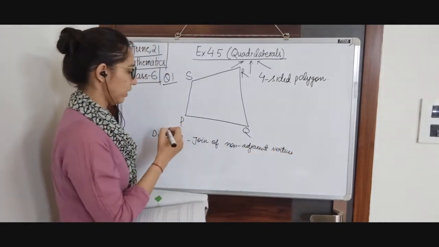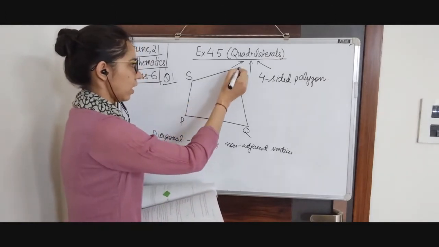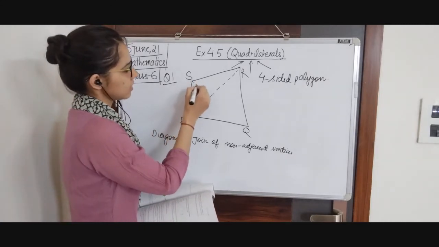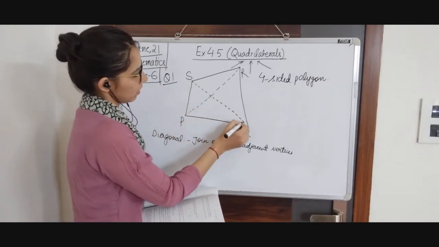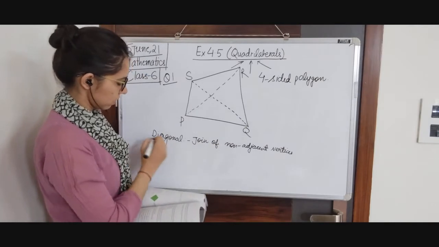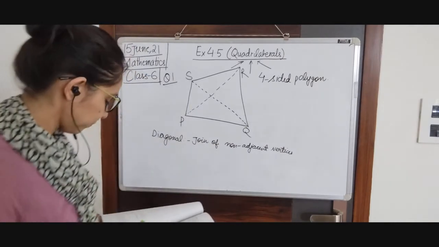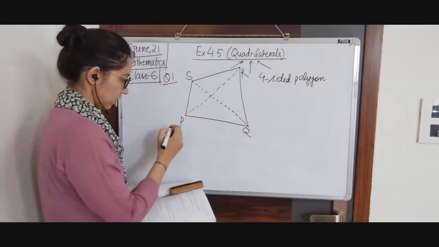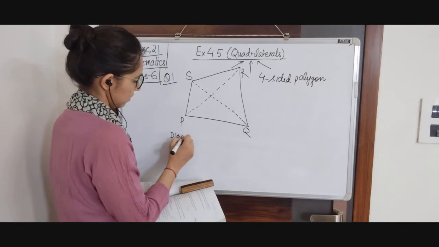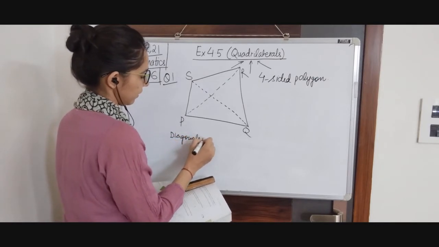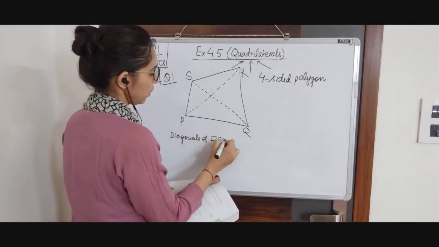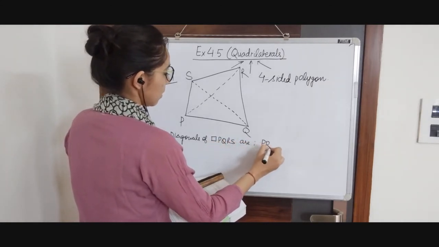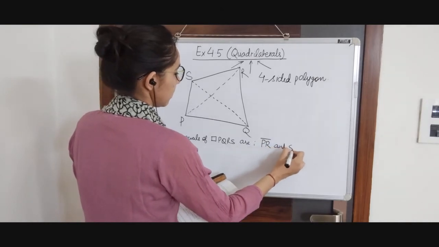So in this quadrilateral it will be P and R, because P and R are non-adjacent vertices, and S and Q. So the diagonals of quadrilateral PQRS are PR and SQ.